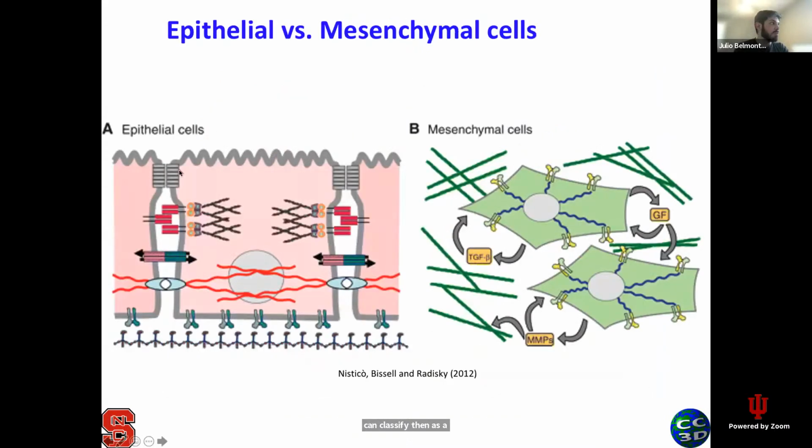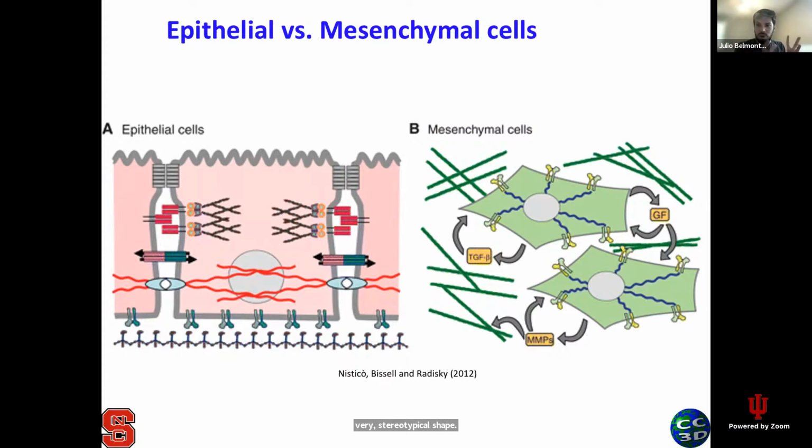Epithelial cells are usually cells that are part of an epithelium, so part of a tissue, a wall of cells, and those cells are tightly bound to their neighbors. They make adhesion junctions and other types of junctions with other cells. So they're highly packed, and they usually have a very stereotypical shape within their tissue.